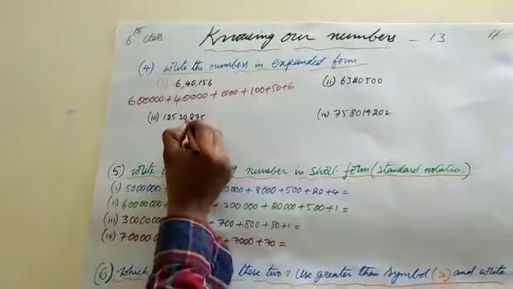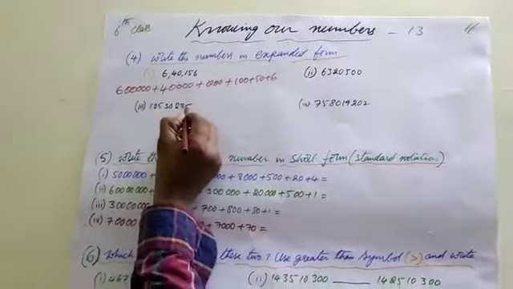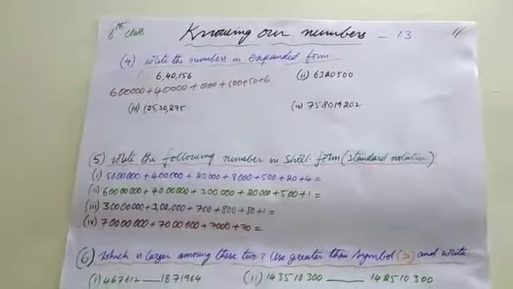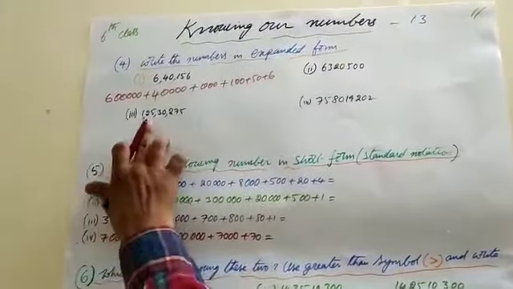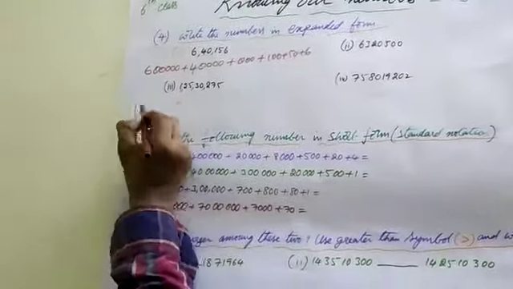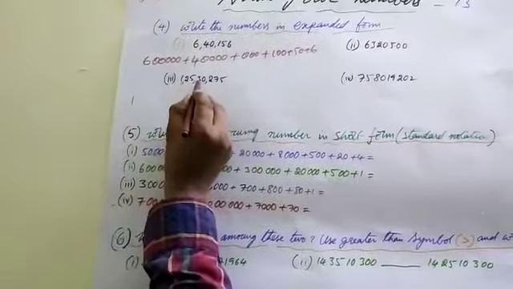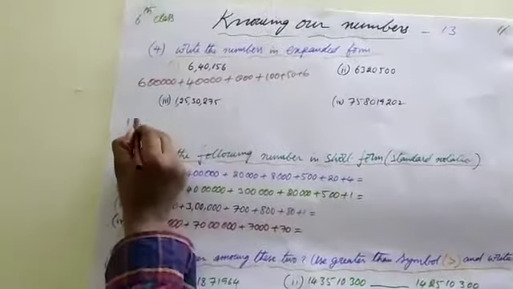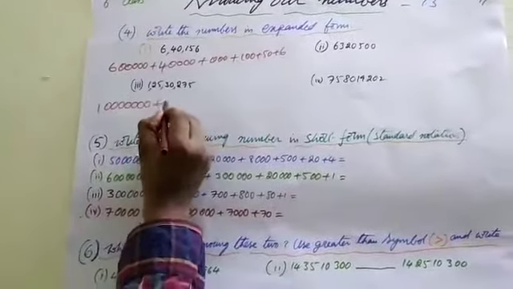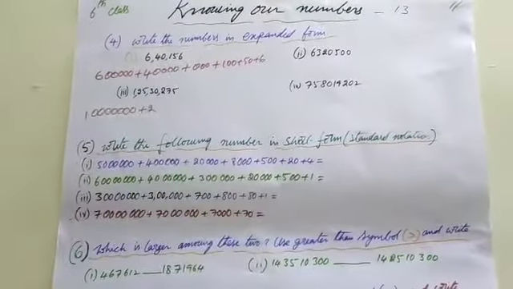Go to this. First of all, divide the number with commas. First of all, you do 3 digits, after that 2 continuing. Therefore, 1 crore 25 lakhs 30,275. 1 crore: after 1, 1, 2, 3, 4, 5, 6, 7, 7 zeros, plus 25 lakhs.